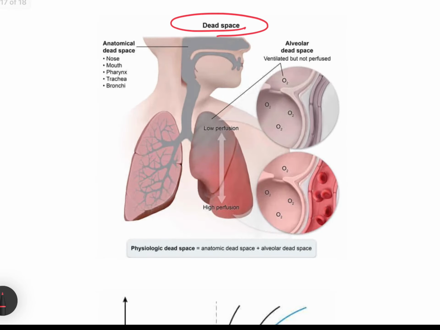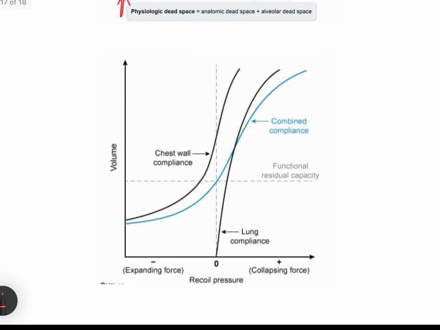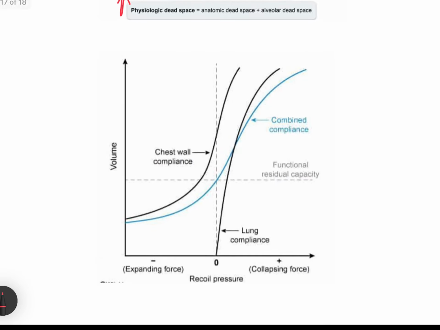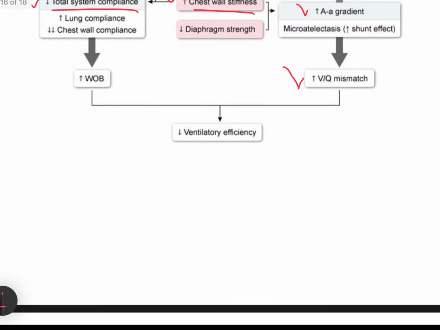And you already talked about it, the dead space is going to increase due to decrease in alveoli. And this is about the compliance. Normally, what is going to happen?